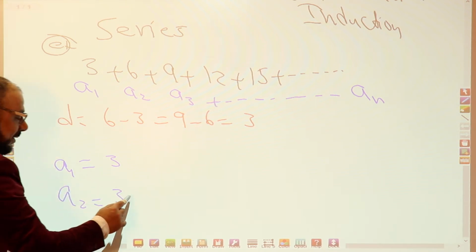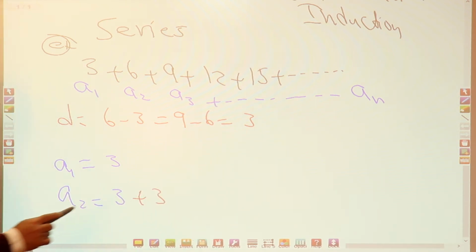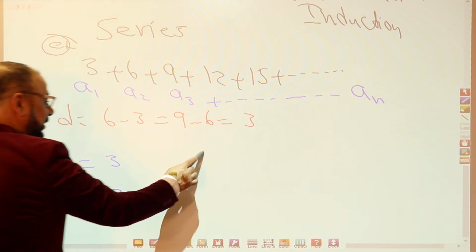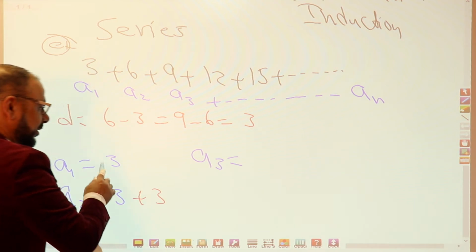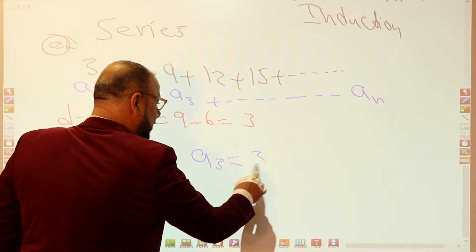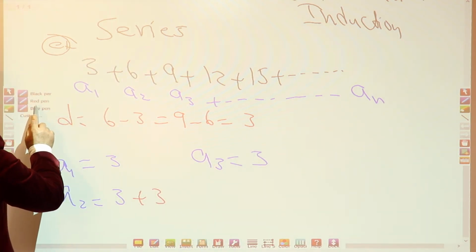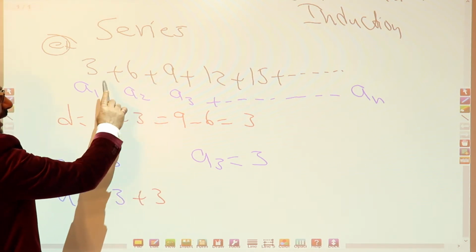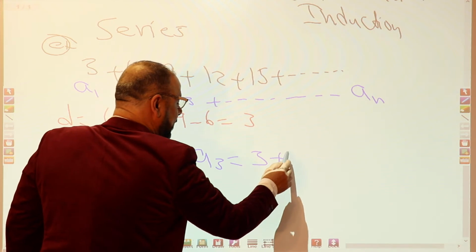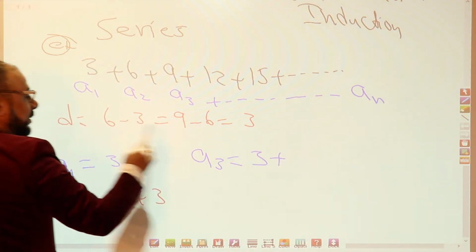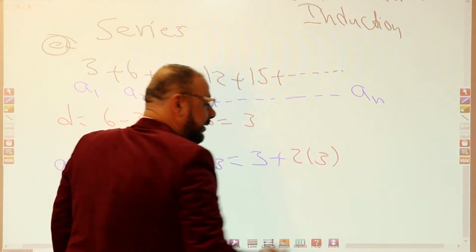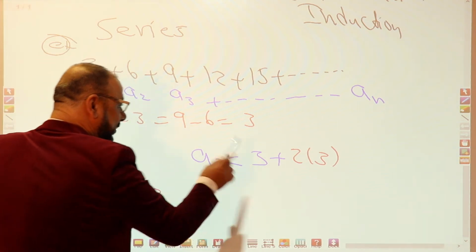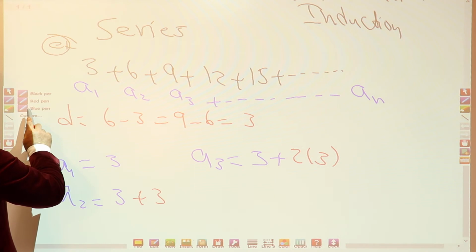A3 equals 3 plus twice the common difference, 3 plus 2 times 3.